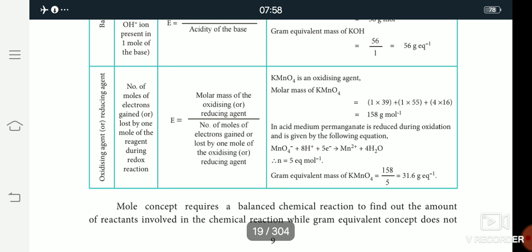So the gram equivalent mass of potassium permanganate is 158 divided by 5. The answer is 31.6 gram equivalent minus 1. This is the gram equivalent concept, the gram equivalent mass calculation of acid, base and salt.